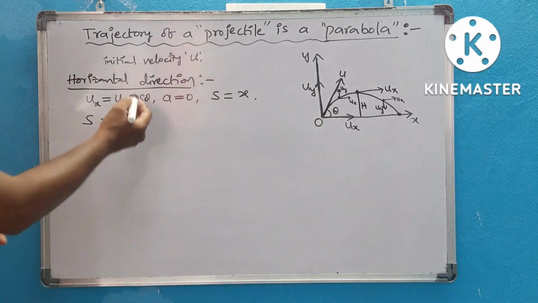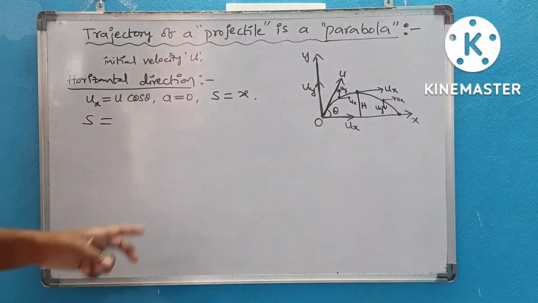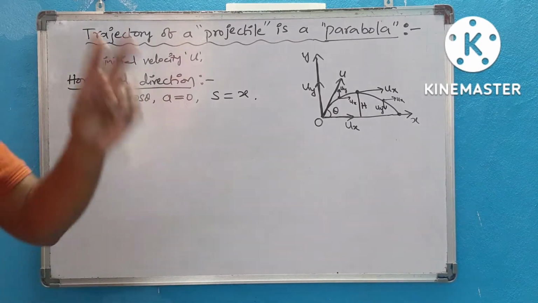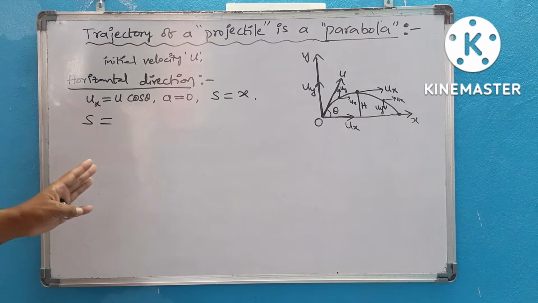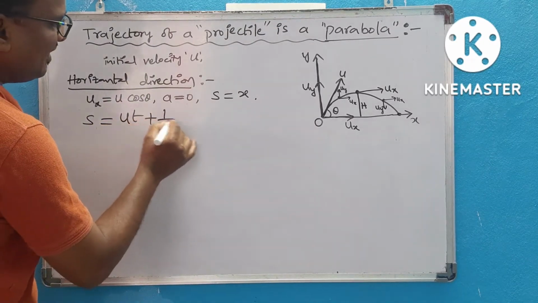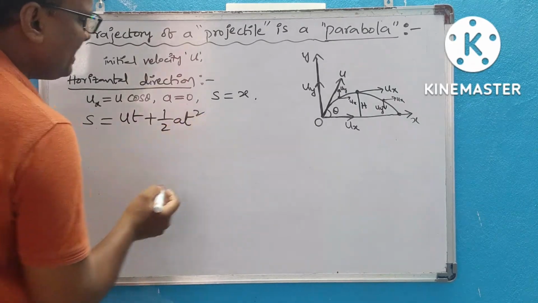So all these three values are substituted in the kinematic second equation, the displacement equation, that is s equal to ut plus half at square.